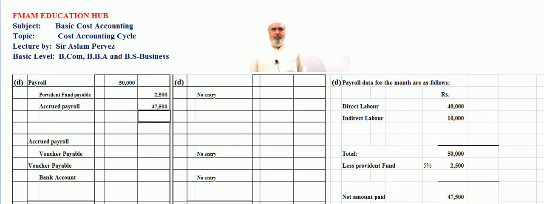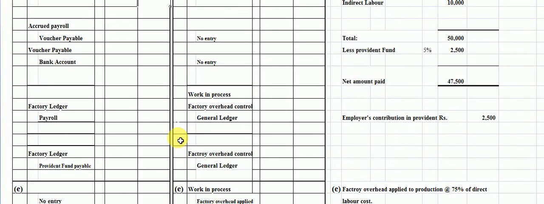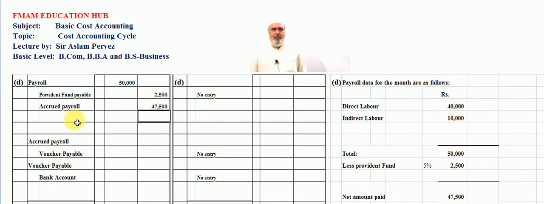This is the opening entry against the payroll. Now accrued payroll is charged to voucher payable. Accrued payroll is written off against the voucher payable.